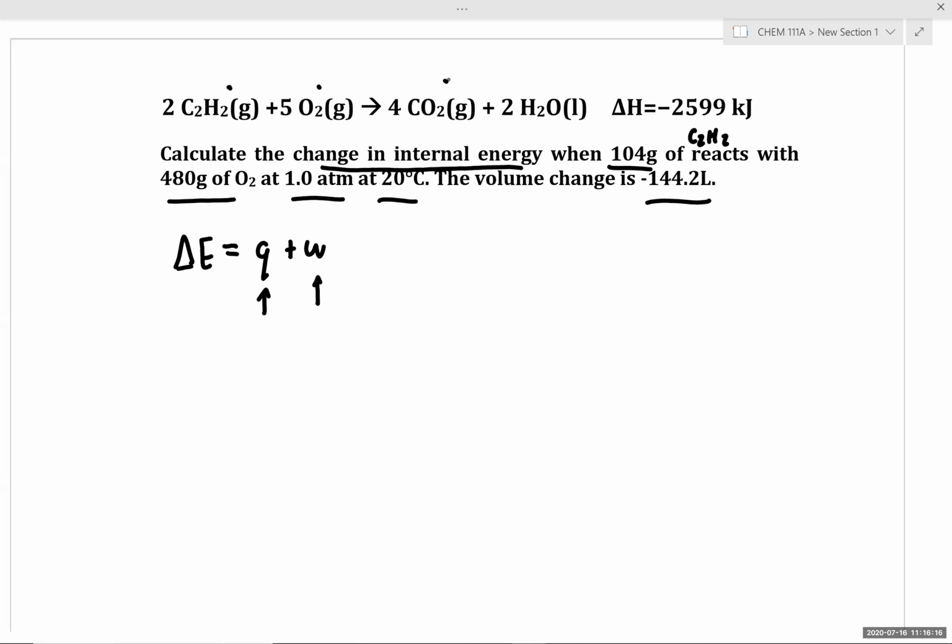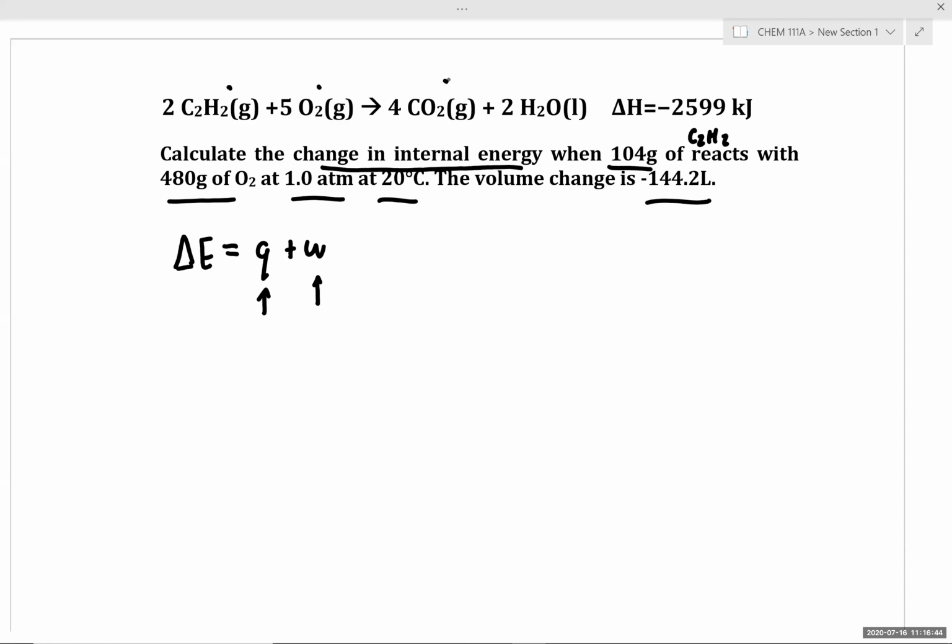But one thing to keep in mind, whatever moles of a reagent you're using for your limiting reagent, your enthalpy is kilojoules per mole of a reactant or product. So you need to account for the stoichiometric coefficient. Yep, exactly right.